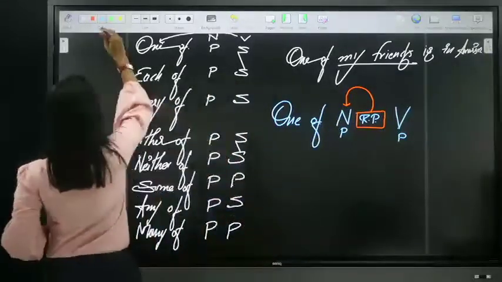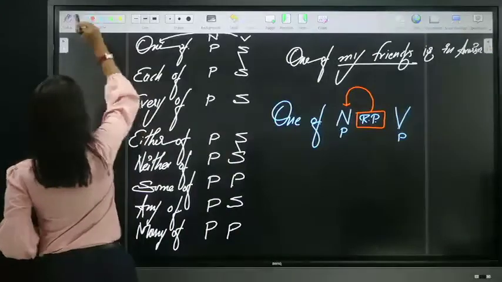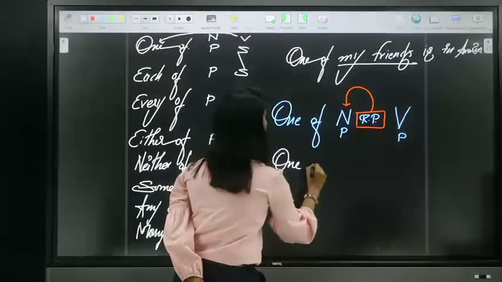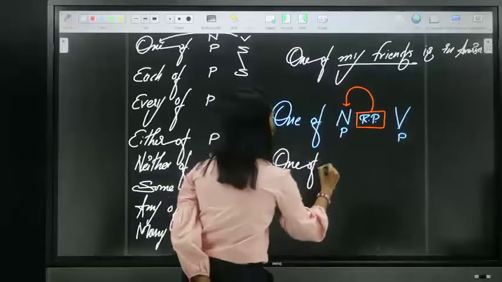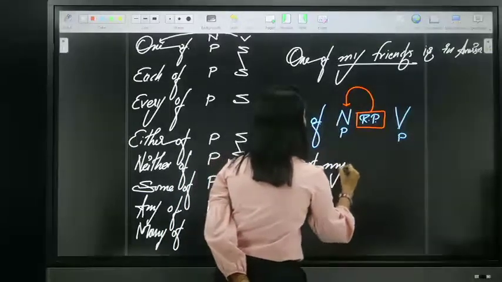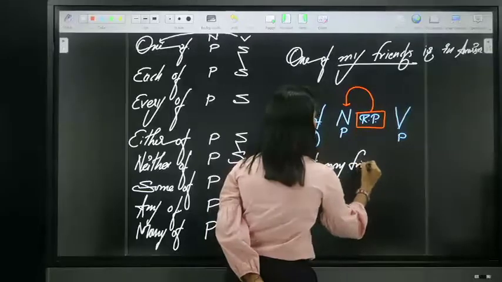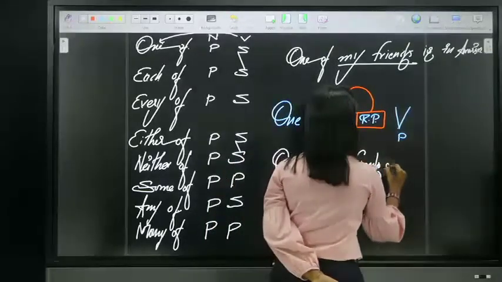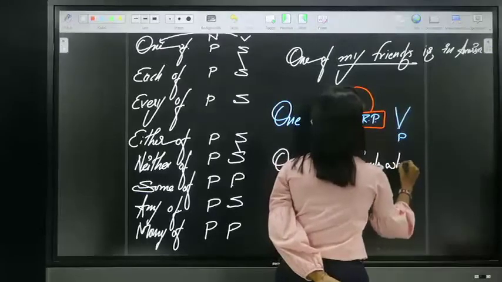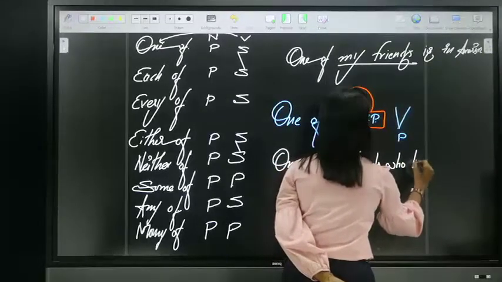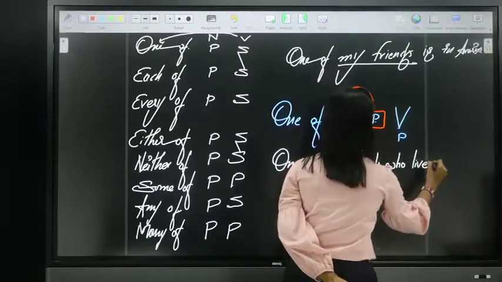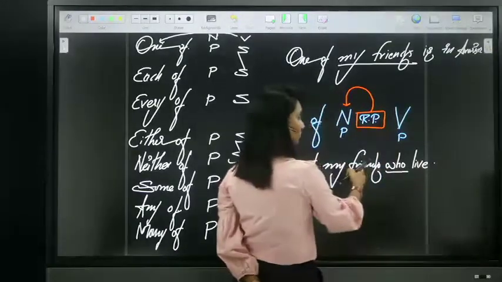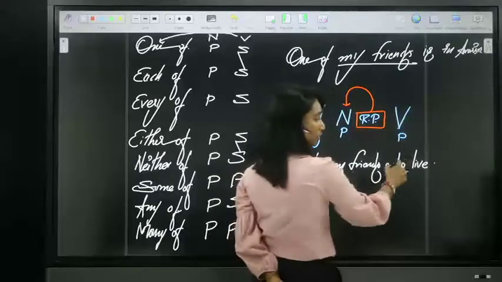So, let me give an example for that. One of my friends who live in America is coming today. Here, who is a relative pronoun. Friends is plural, so we require a plural verb.